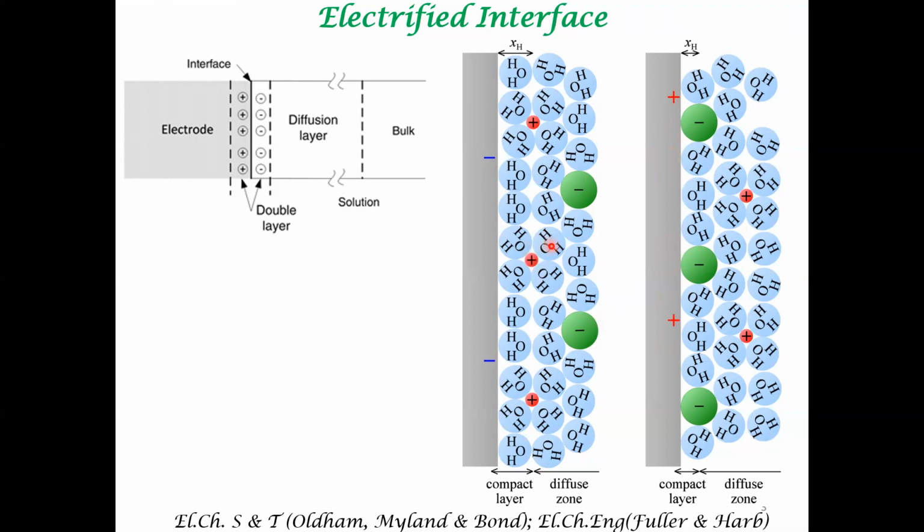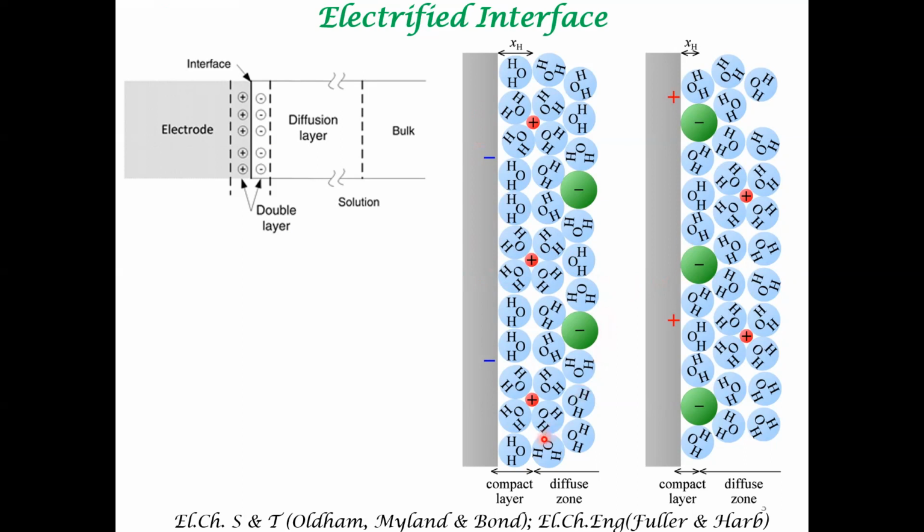As opposed to this, it is harder to strip water molecules out of the solvation sheath surrounding the cations. So the cations typically interact with the electrode via the water molecules. So that is the difference that was discussed in the discussion session.